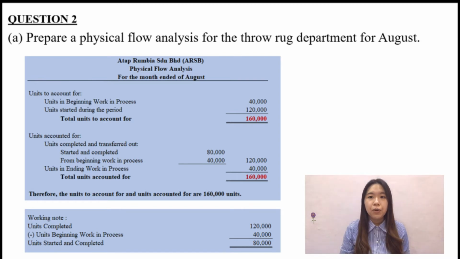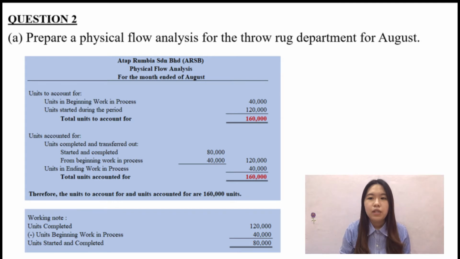For computing total units accounted for, the first step is to record the units completed and transferred out, which is started and completed plus from beginning work in process. Units started and completed of 80,000 units is units completed of 120,000 units minus units beginning work in process of 40,000 units.